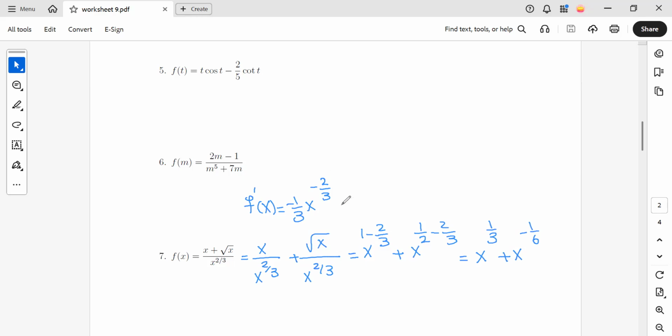And x to the power negative 1 sixth, when we take the derivative, will be negative 1 over 6 x to the power negative 1 over 6 minus 1, which will be negative 7 over 6. Let's move on.